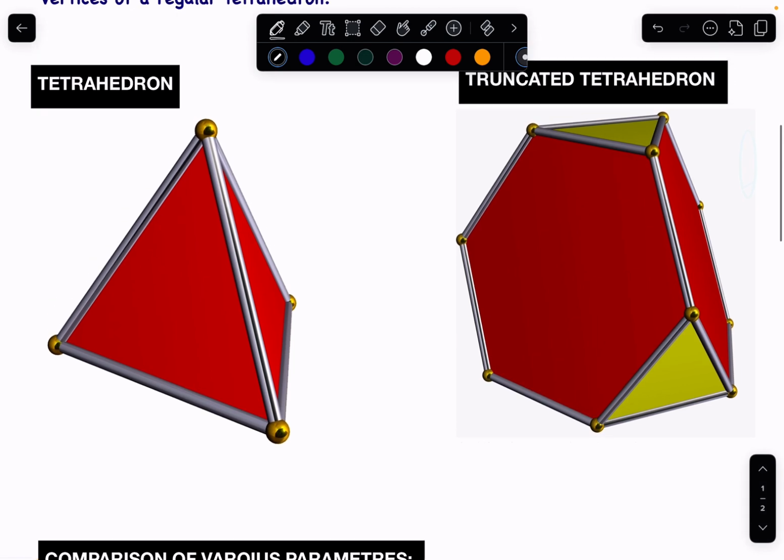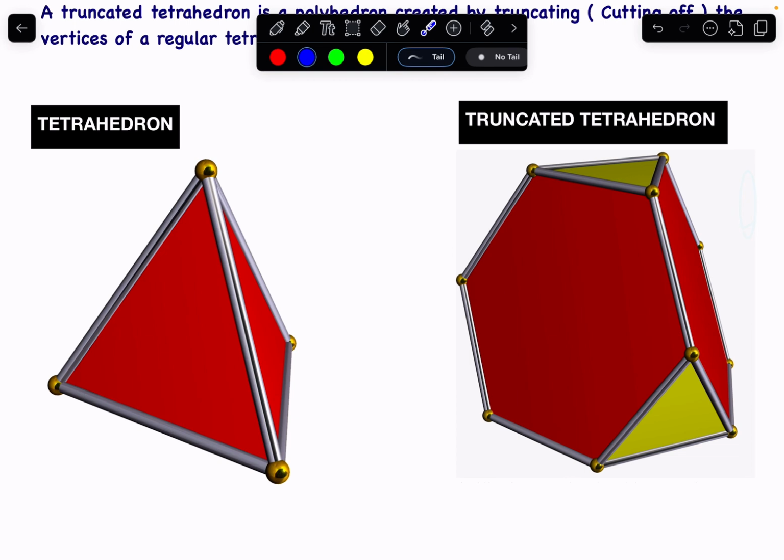Now the discussion is how truncated tetrahedron is produced, and how to calculate the number of corners, edges, and faces. How many types of faces is it going to get? That's what we are going to discuss. So already I told you the definition of truncated tetrahedron. You have to cut this normal tetrahedron through the corners.